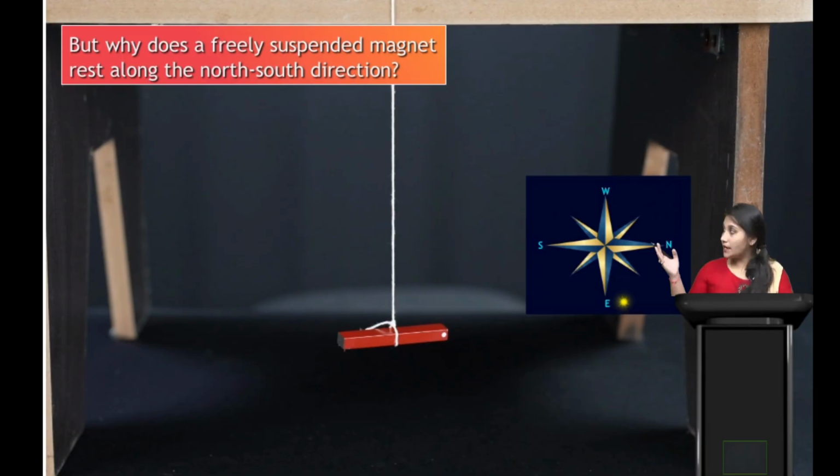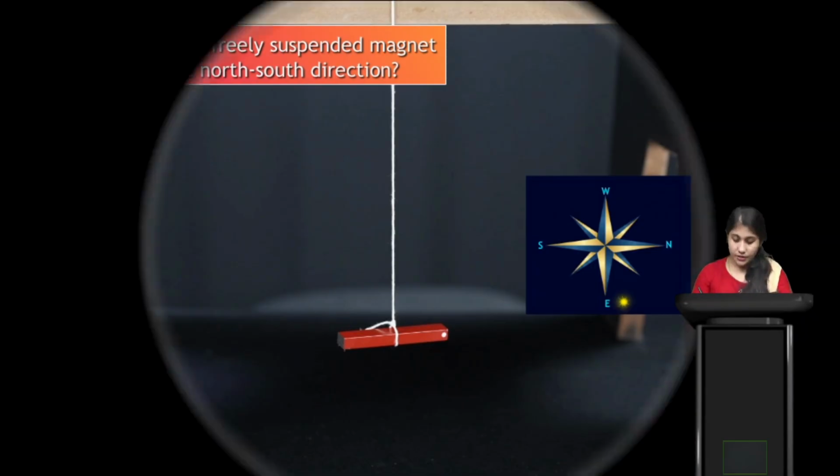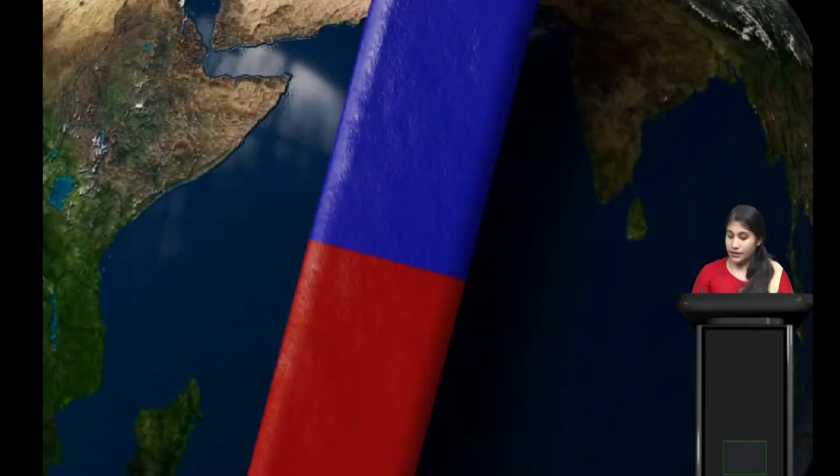Now, but why does a freely suspended magnet rest along the north-south direction? Why not the east-west direction? Now the question is why it always rests along the north-south direction, isn't it?